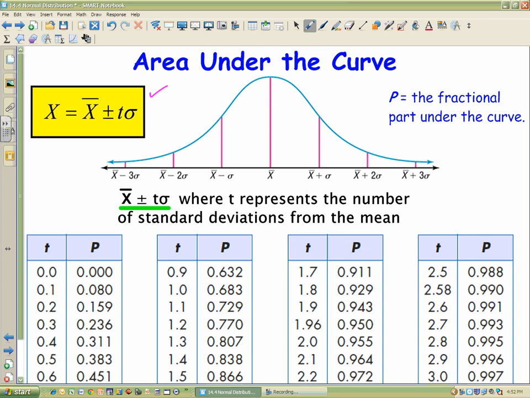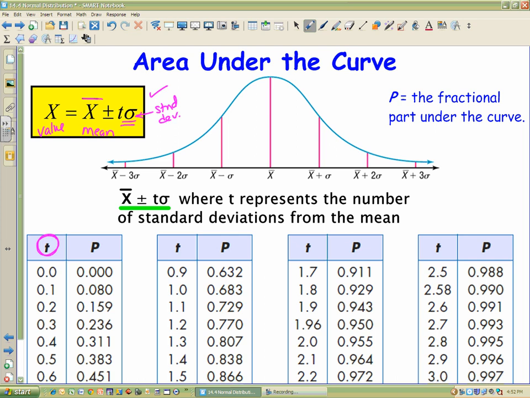Jot this down. I altered the formula slightly. You will now see that there is a bar above the X here to represent the mean. This will be some value that we can calculate. And then this t value is coming off of the chart right down here. And this is our standard deviation, which could be calculated to be some value.